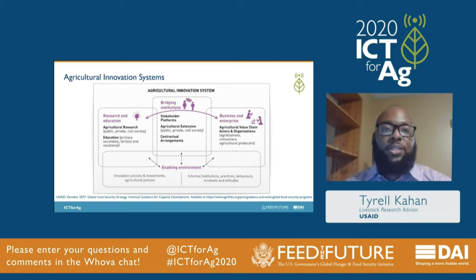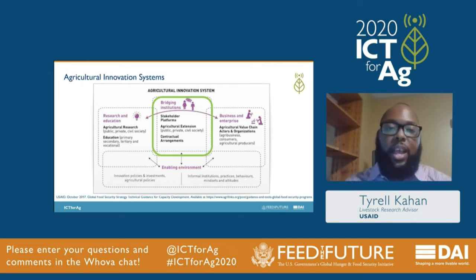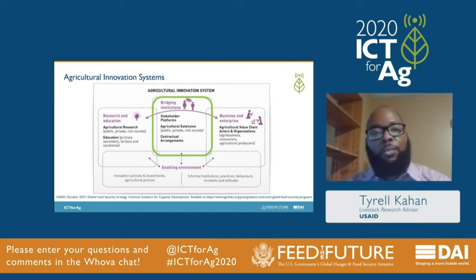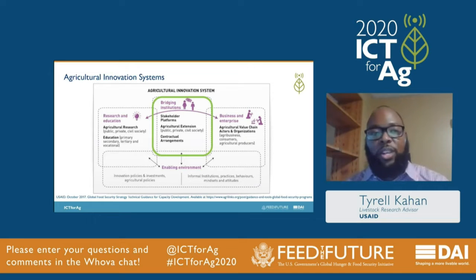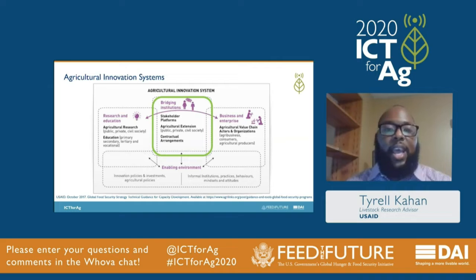And I think this is where ICT definitely has a huge role, both now, and I can definitely see that growing in the future. And you'll see in that box there are different types of bridging institutions, and this is not all inclusive, but we talk about stakeholder platforms, of course, agricultural extension, and we know ICT has definitely risen in prominence in that, as well as contractual arrangements or how we bring different groups together.